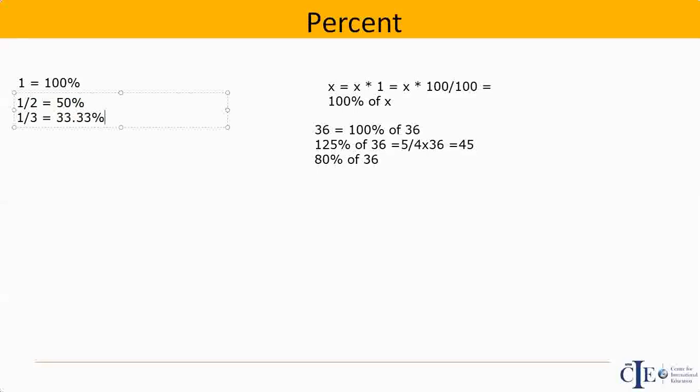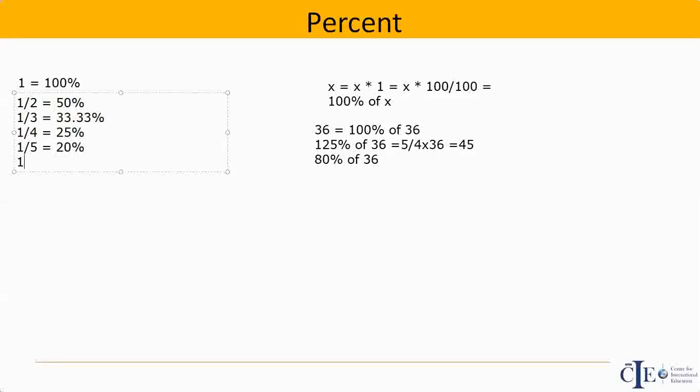Great. 1 by 4 is 25%. 1/5 will be equal to 20%.